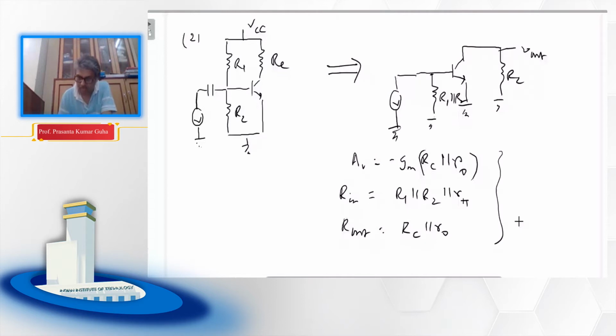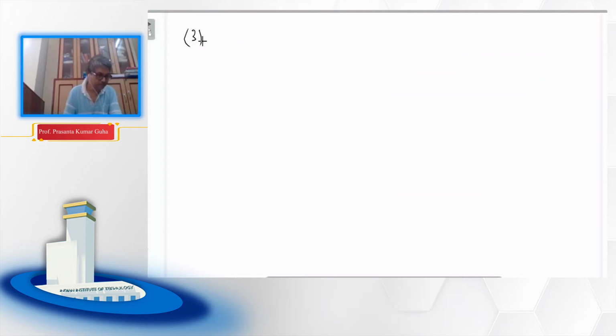Now one small modification we want to do is, if we have emitter degeneration, that will also not be very difficult, but let's discuss that to complete this biasing portion. So we now have an additional resistor RE, which is the emitter degeneration resistor.